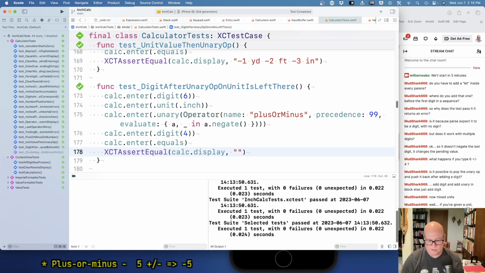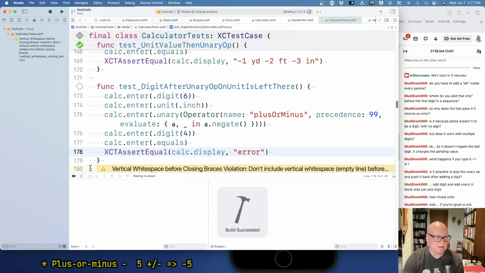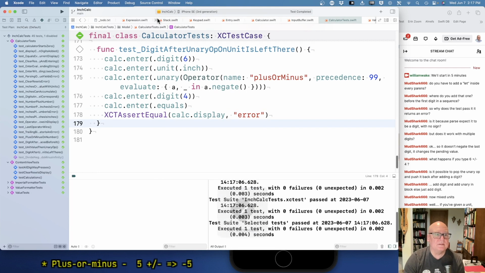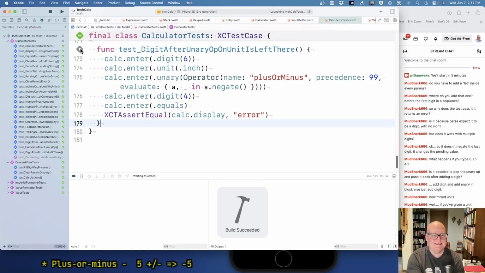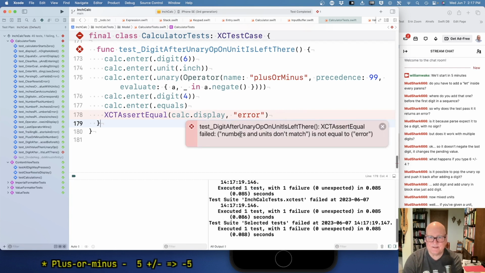This time we really do get an error, and I don't remember the message, so I'll just let it tell me. But I hope that that error comes in. Yeah, okay. Did that run? I don't believe it. All right, if I get the other numbers and units don't match.